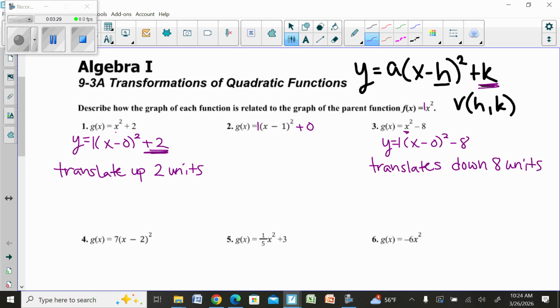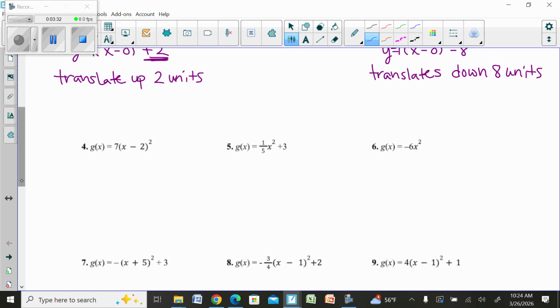I'll just kind of skip around here to number 5. For number 5, a couple things are going on. So if you look at number 5, I'm going to just expand that x squared again. So I've got y equals 1/5 (x minus 0) squared plus 3.